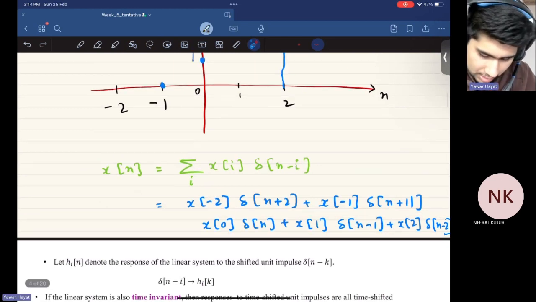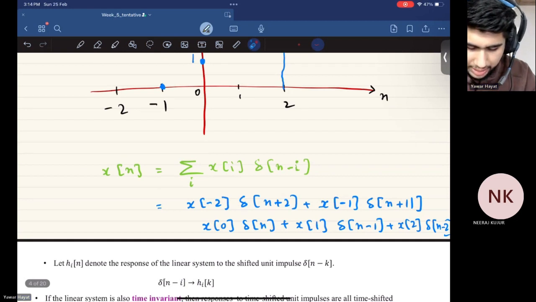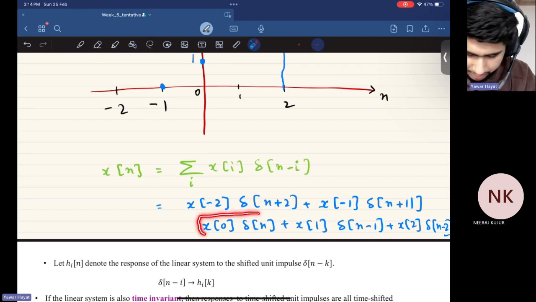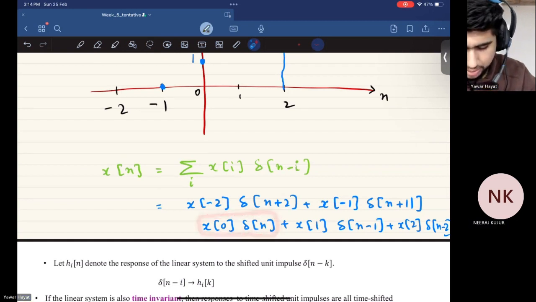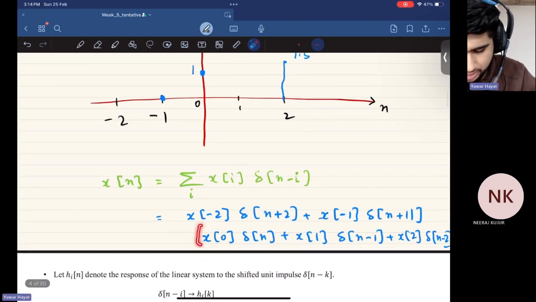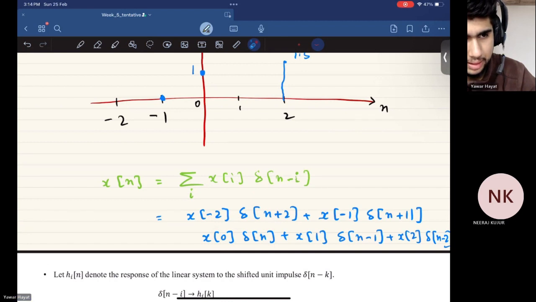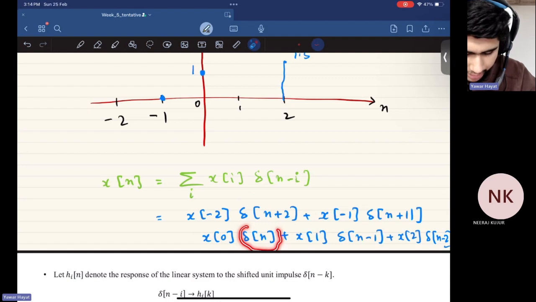Why? Because this particular term would be 0 for all n except n equals 0. And what would be the value at n equals 0? This is unity. The values will be determined by the values of x of n at that point.